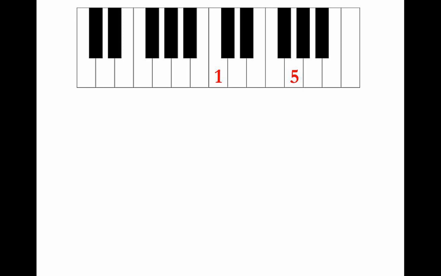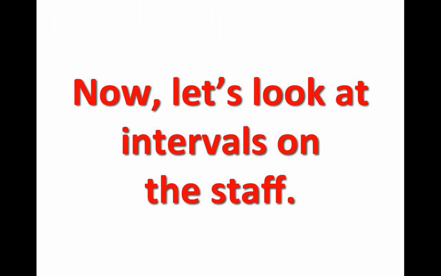We'll get to the black keys another time. That's another can of worms, but this will introduce the principle correctly. And if you're going down a fifth, same thing, 1, 2, 3, 4, 5. These two notes are a fifth apart. And it doesn't matter, you use left hand, right hand, as long as you're using one finger on each key. So, now let's look at intervals on the staff.